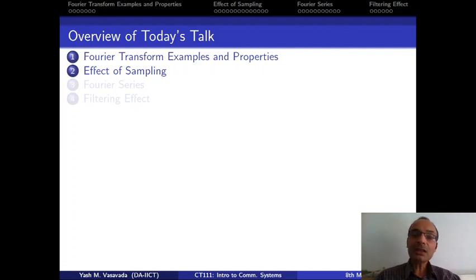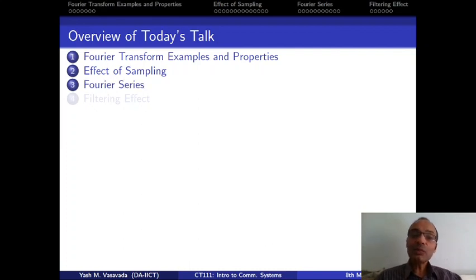It is known as analog to digital converter. And that process can be mathematically appreciated, and the concept behind the process of sampling a continuous time signal so as to get a discrete time signal can be appreciated using the framework of Fourier transformation that we are currently studying.